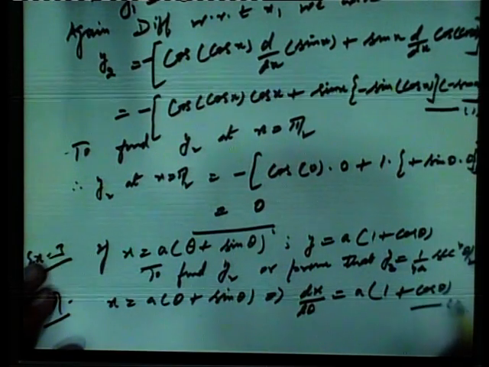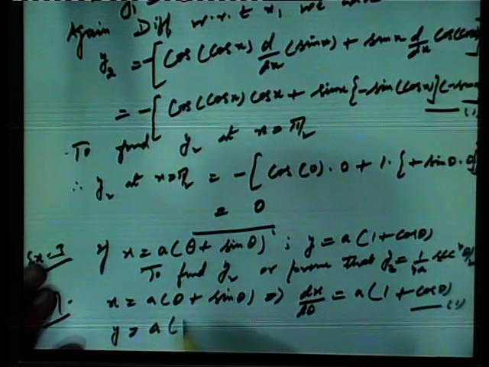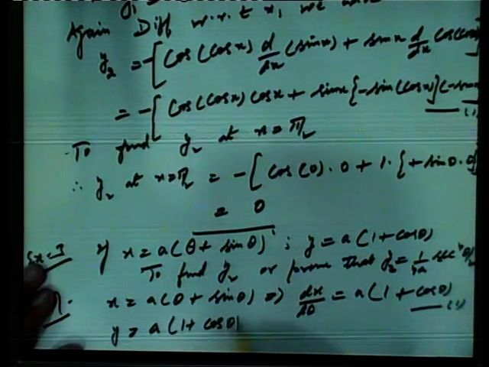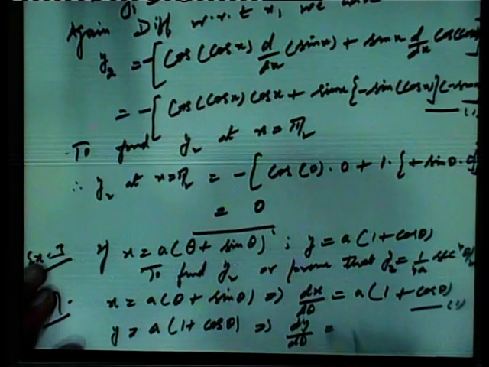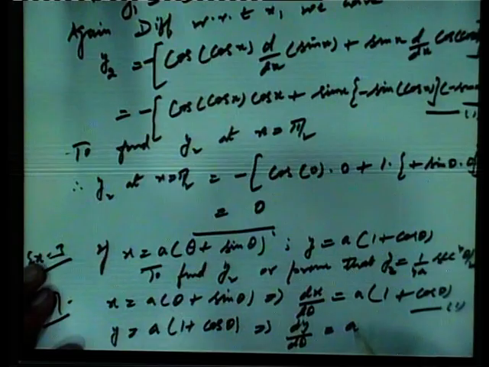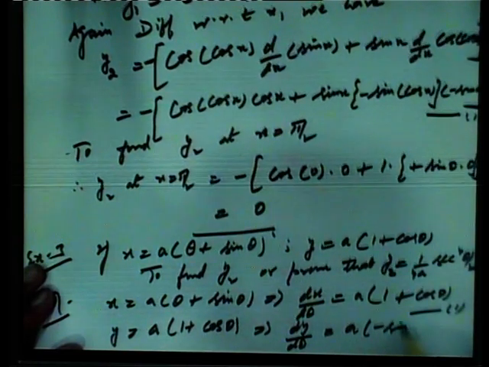This is number 1. Similarly, y is a (1 + cos theta) and its differentiation is dy by d theta: a constant, the differentiation of 1 is 0 and cos theta is minus sin theta.